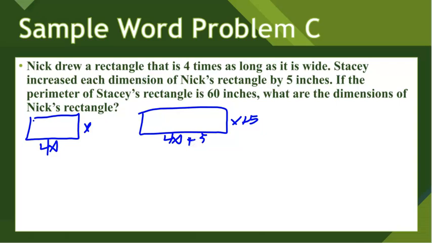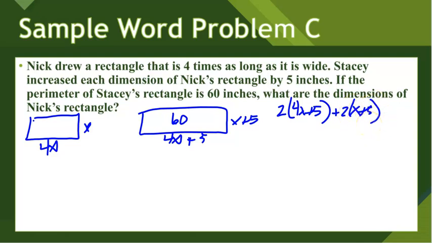We want to know what the dimensions of Nick's are, but first we have to find the dimensions of Stacy, since we know the perimeter is 60. So that means we have 2 times 4x plus 5 plus 2 times x plus 5.